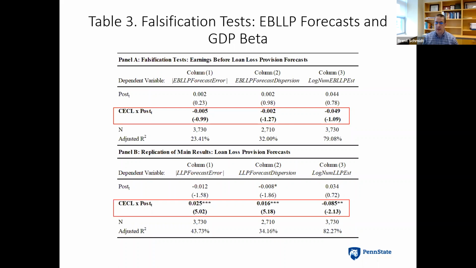So one of the things that we did to look into this idea is we also just looked at the existence of earnings forecasts. Our main analysis uses the S&P Global database. We then moved to the IBES database to look at EPS forecasts for these firms to see if there is a decline in earnings per share forecasts.